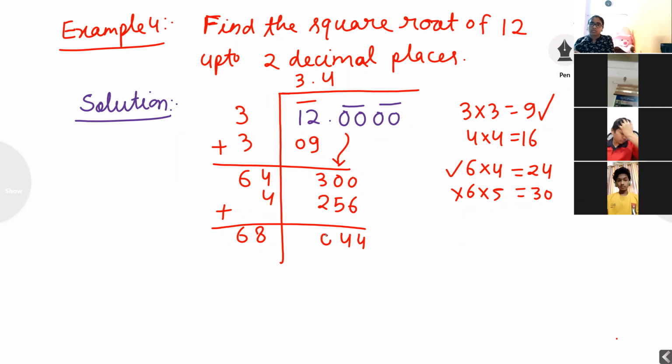Next, 0. Again, I want to bring down this next pair. 00. Now in this 68, which number do I want to multiply? That number will be less than 440.